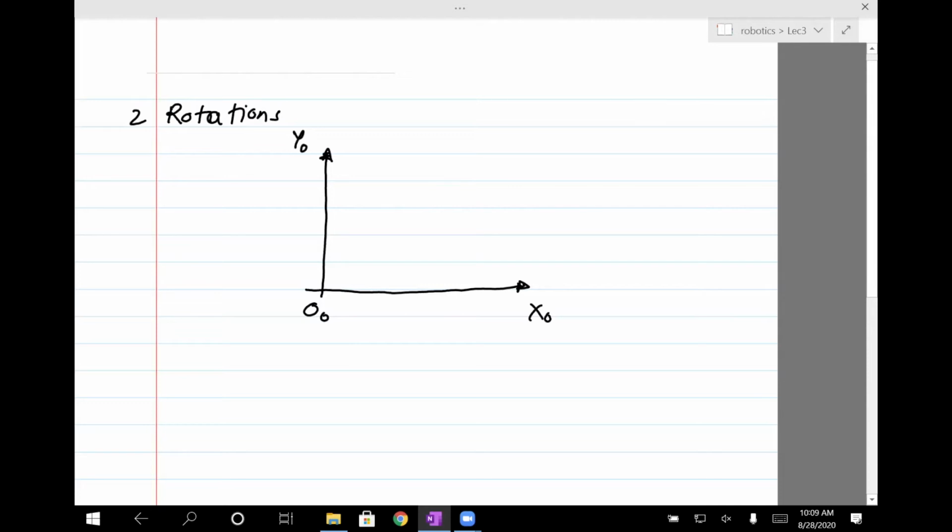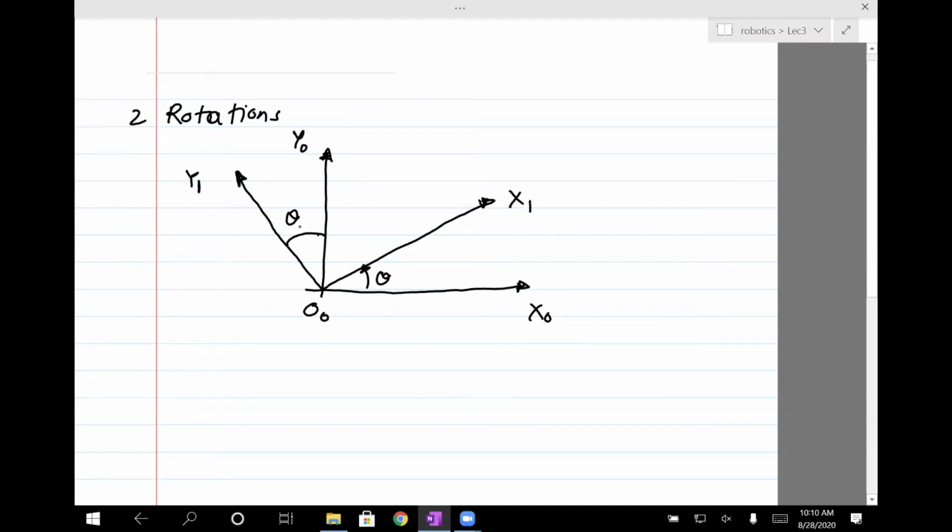But this time, instead of translating the other frame, we rotate it by an angle theta. So when we take a frame O1, which is right now on O, and we rotate it by an angle theta, the new X would be at an angle theta with respect to x0. And since the y is also going to rotate by the same amount, we'll have y1, and this angle again is going to be theta.